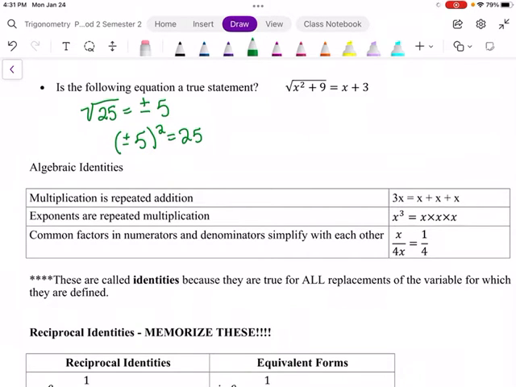So looking at the problem they gave us, if this is true, then that means x plus 3 squared would equal x squared plus 9. And if we were to work that out, we would end up with x squared plus 6x plus 9, which is not what is underneath that square root sign. So this is not true.